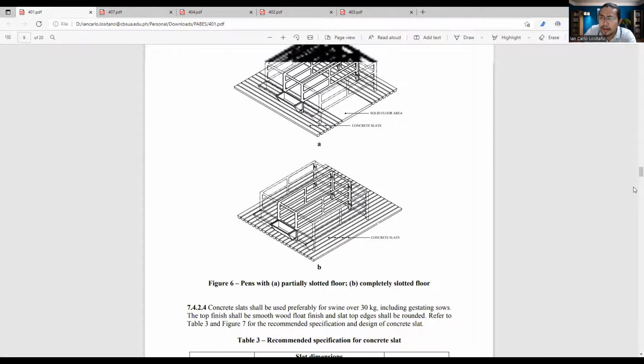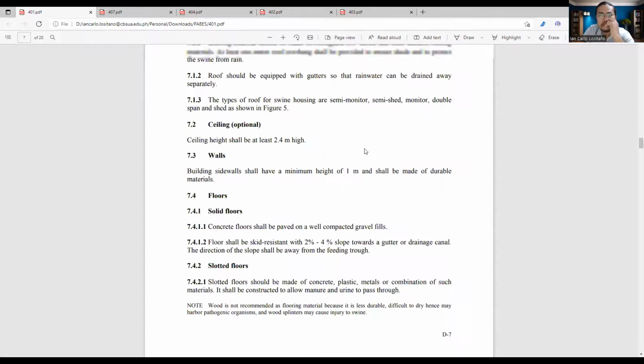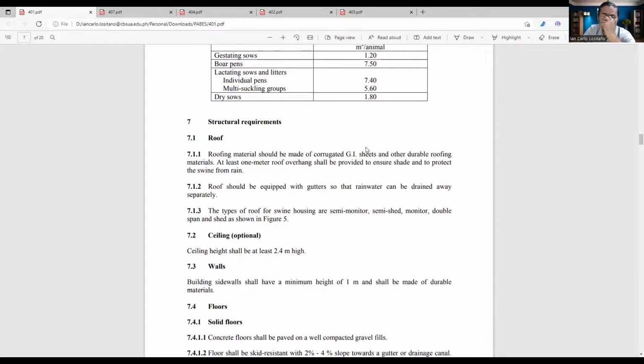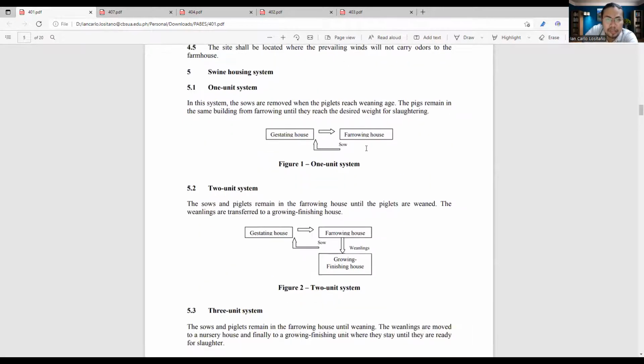Right. So let's have first the different housing systems. You have your one unit system. Again, the livestock would have different steps during its life cycle. So you would start with a piglet, and it grows into the sow eventually.